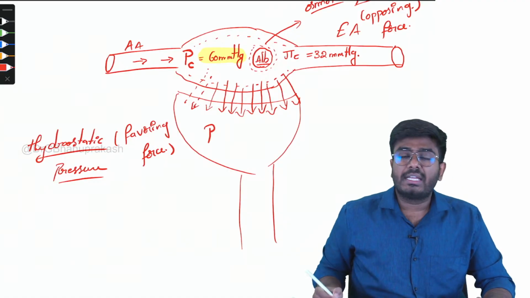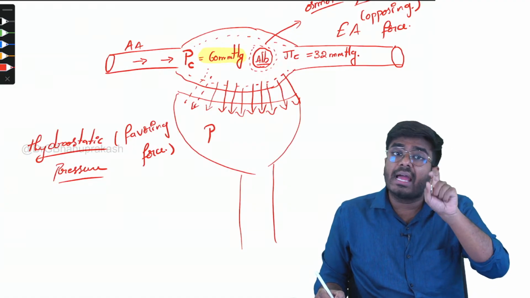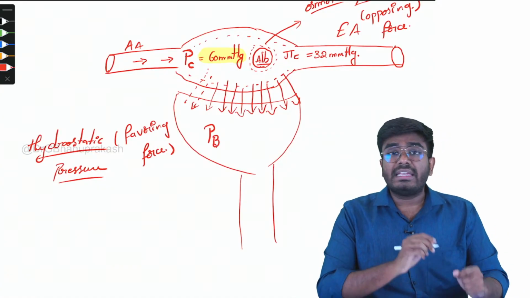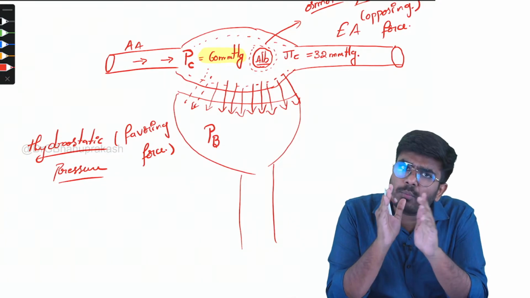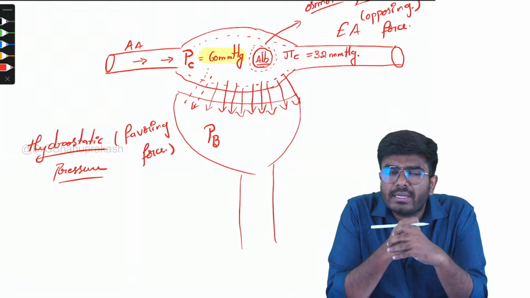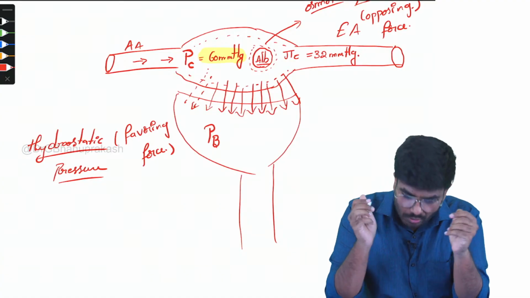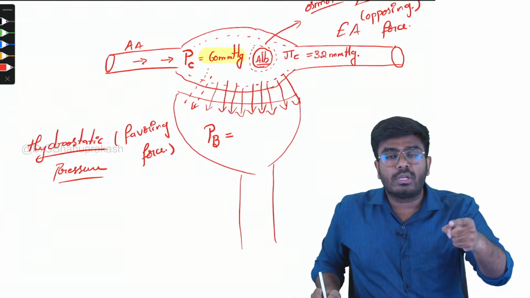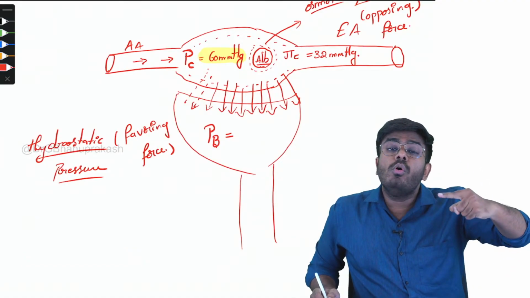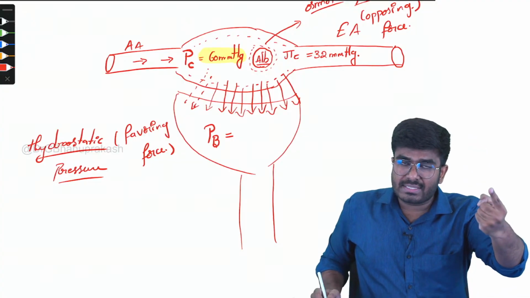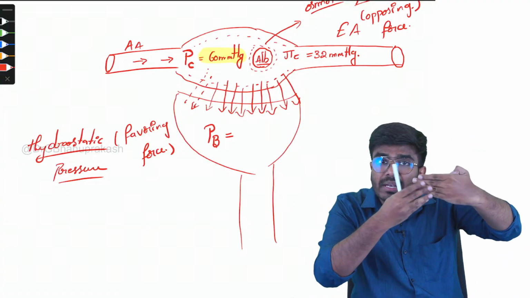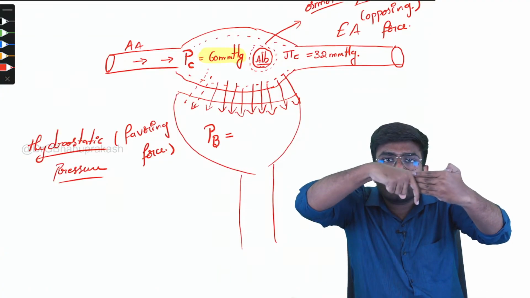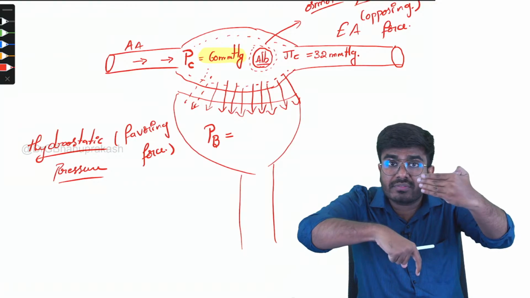The hydrostatic pressure again, if I am keeping P, that's the hydrostatic pressure, hydrostatic pressure in the Bowman's capsule. Even in the Bowman's capsule, all the time, 24/7, some fluid will be there, right? Yes, some fluid will be there. Now, whatever fluid is there in the capillaries wants to go into the Bowman's capsule because of the hydrostatic pressure.